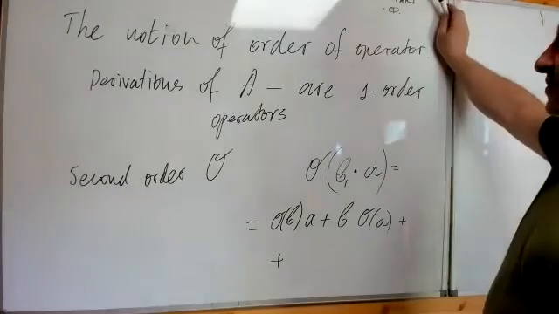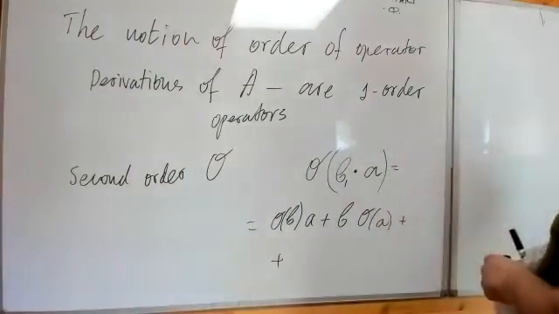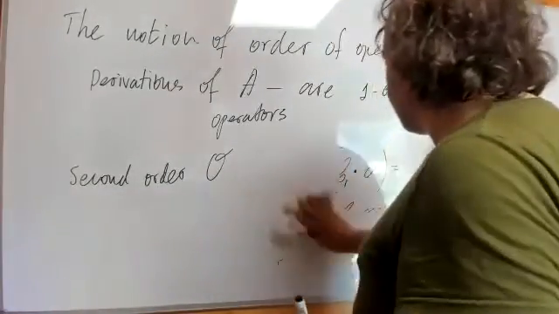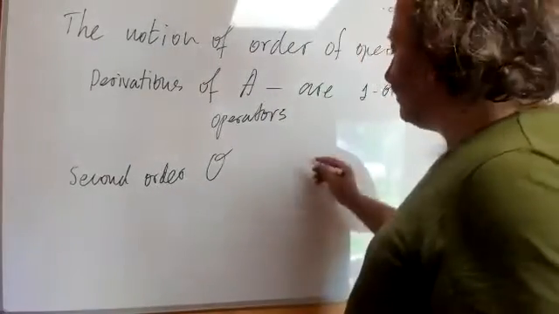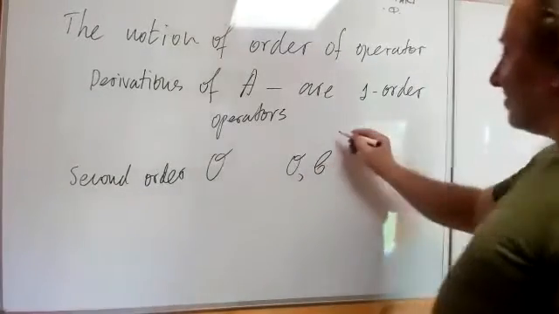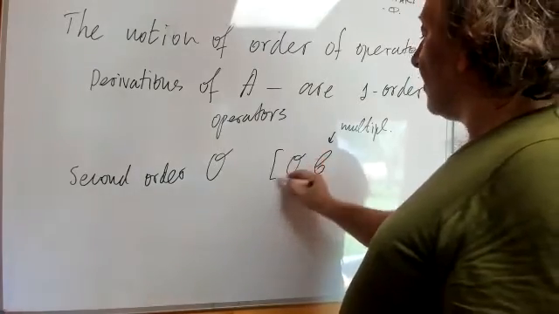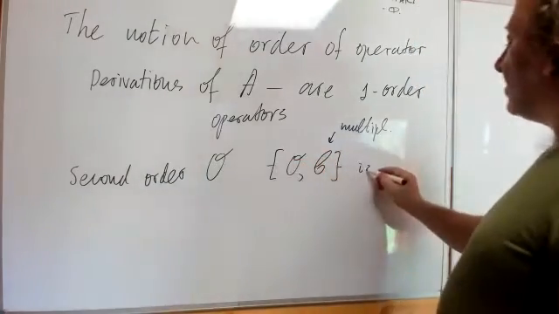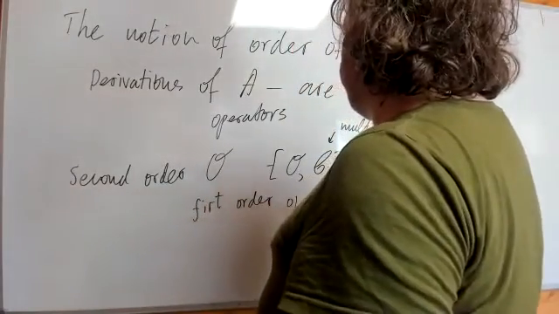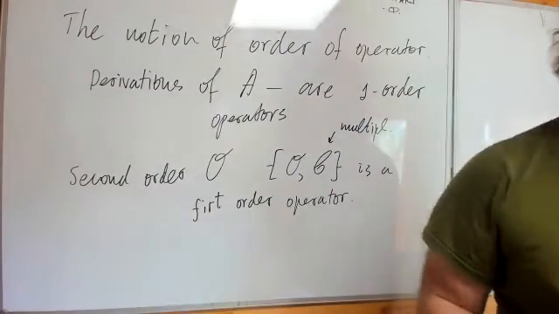The notion of a second order operator is such that its commutator, maybe the best way to say it is that O and the action of B considered as multiplication, this commutator, actually supercommutator, is a first order operator. And one can go on and on.